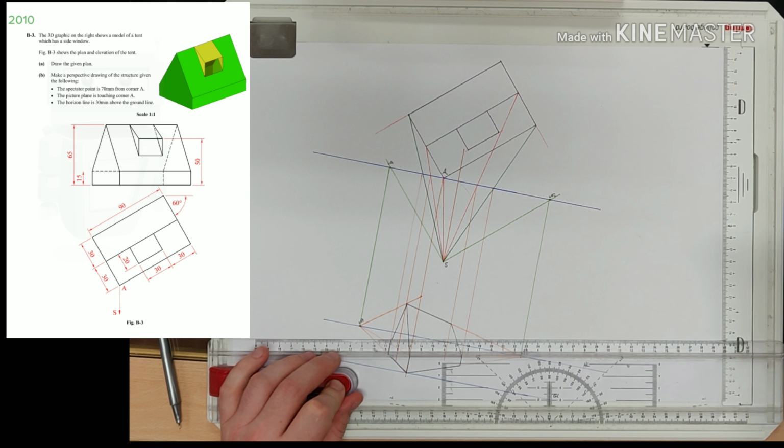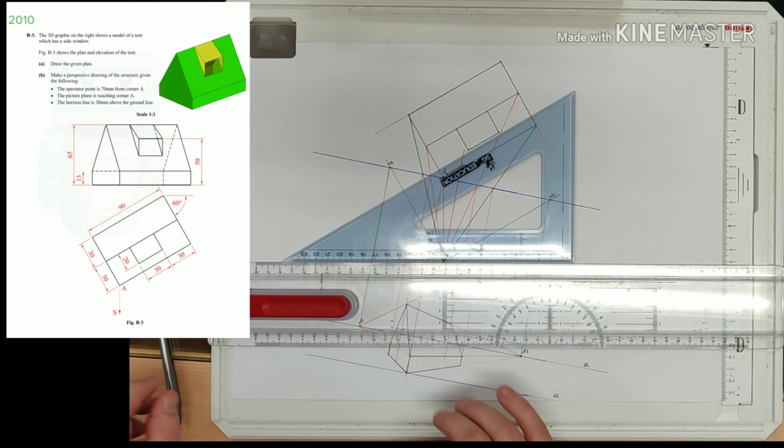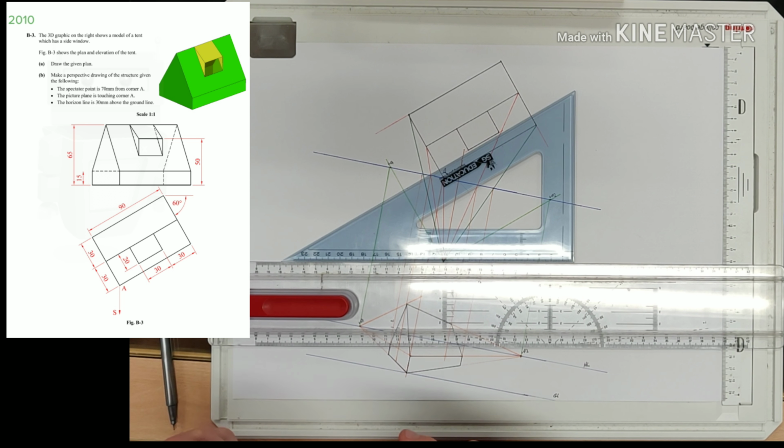So in order to do that, we want to extend one line out to the edge of our plan view. Like so.